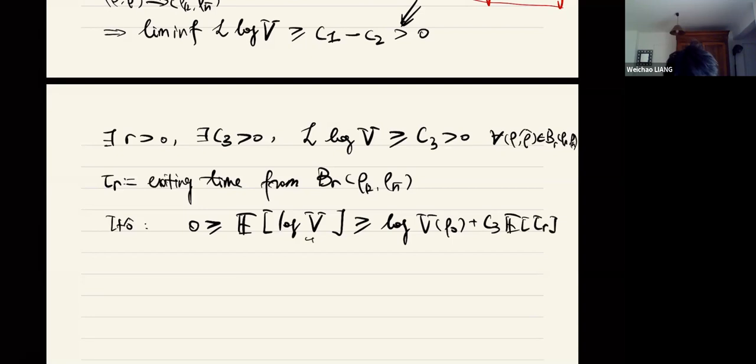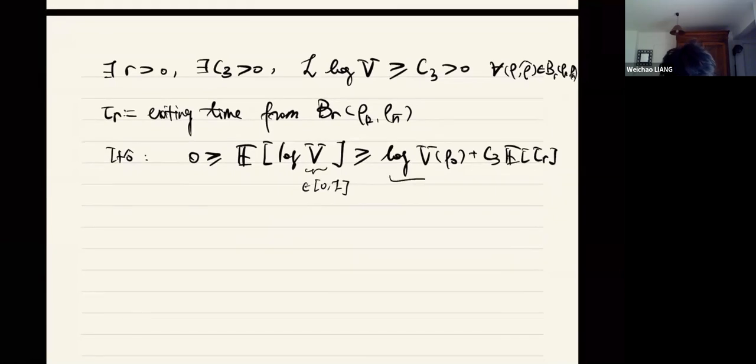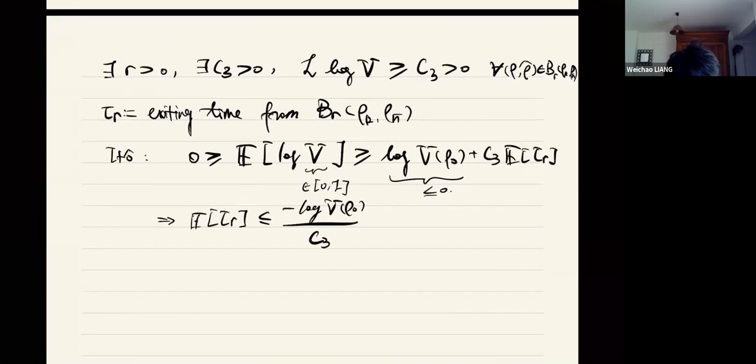Because the function V is always between 0 and 1, the log is always negative, and of course this part is always negative. So we have that the expectation of the exiting time is bounded by some positive constant. So it's done.